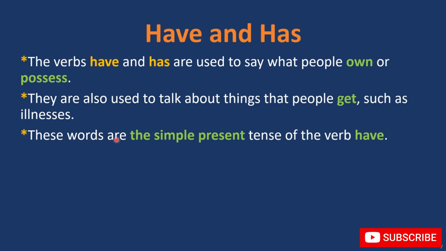These words are the simple present tense of the verb have. So there is a verb called verb to have. The present of verb to have is have and has. And the past had and past participle also had. So again, have and has, this is the present form of the verb have.